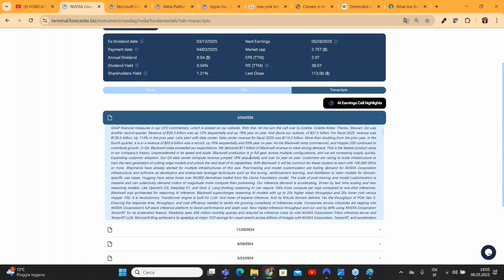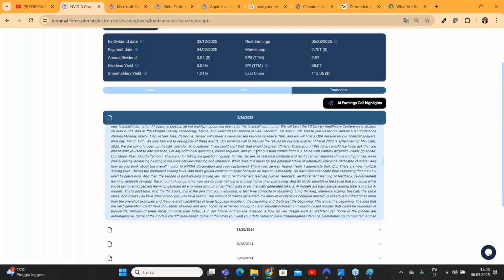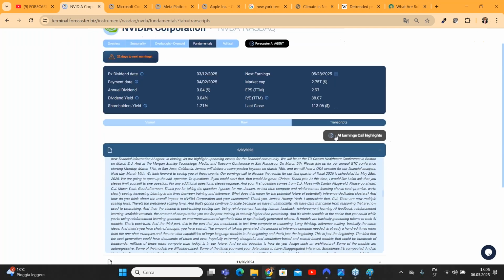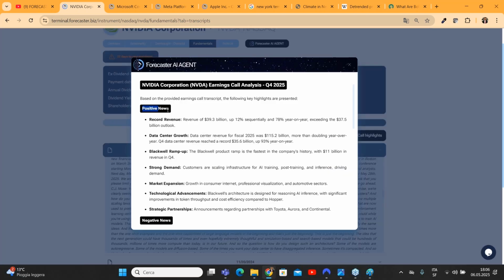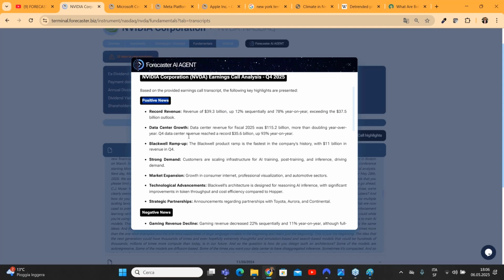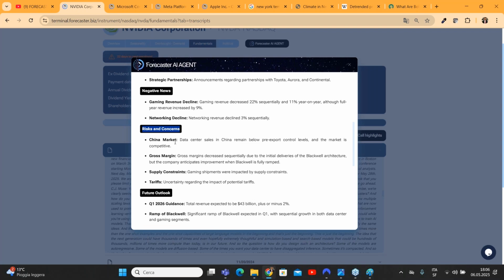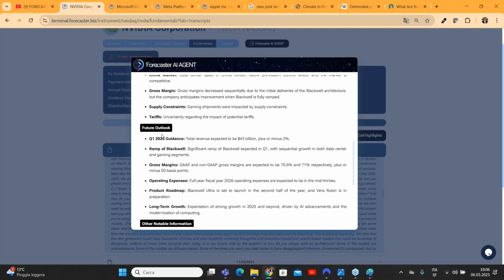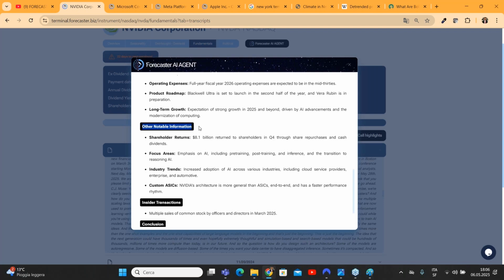But we did something interesting because we added the AI agent to the Forecaster terminal, and in this case, just by clicking the button, you can ask the AI agent to give you a summary of all the transcription, and you will have the positive news, the negative news, the risks and concerns, which is a very important item because the management must tell you which are the risks and concerns they see for the future, and of course the future outlook, the notable information, and everything you need to know about what the management said.